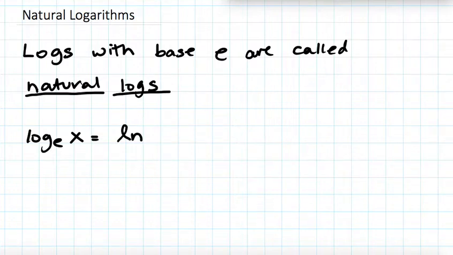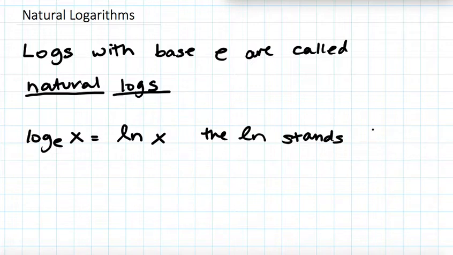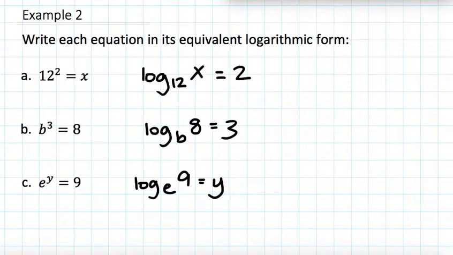And I usually use the cursive L, but you can also write more of a print L. So ln of x is log base e of x. The ln stands for natural log. I think in some other language, because that's why the L comes before the N and it's not NL. So going back to some of these that we wrote all the way back here, if I have log base e of 9 equals y, the other way that I can write this is ln of 9 equals y.